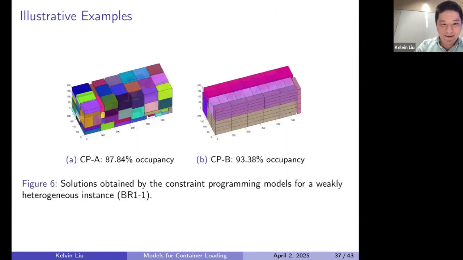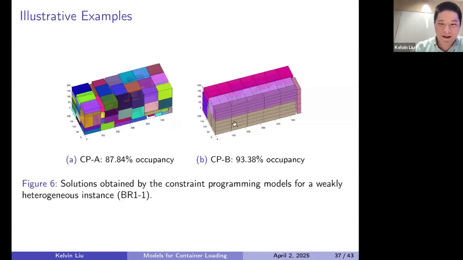And I think it's quite easy to see when you present them visually. So for example, let's take this case of the first instance in the BR1 class. These are weakly heterogeneous instances with only 3 different box types. And because there are only a few box types, and therefore a lot of boxes of each box type, we can form these very large blocks using CPB, where there are just many boxes in each block because there are a lot of boxes available of each type.